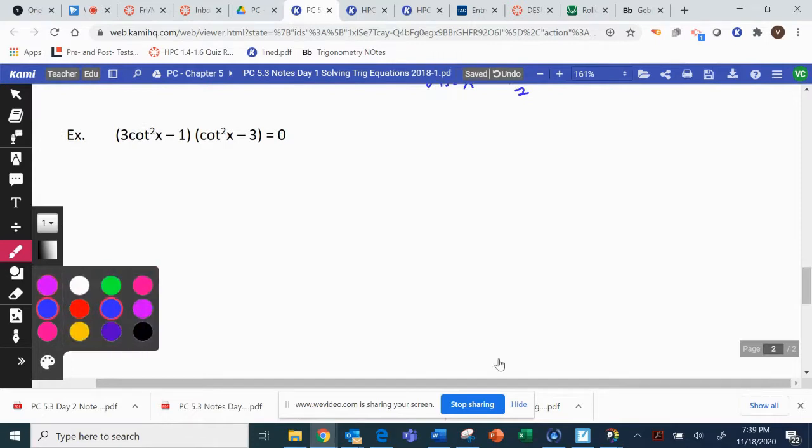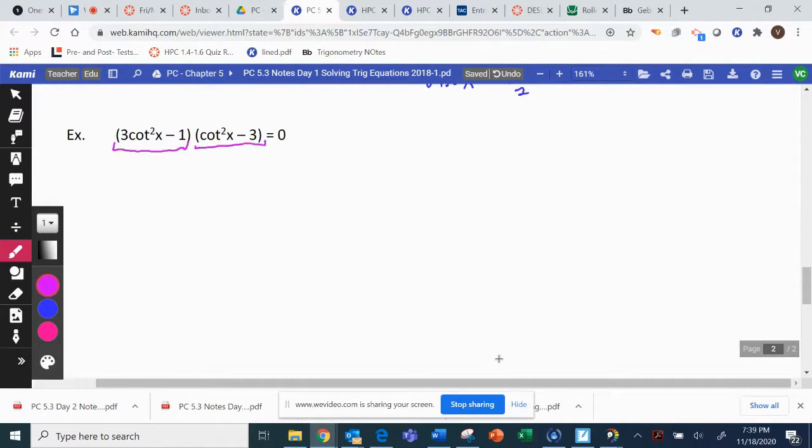All right, and then the last example, we have 2 factors equal to 0. So these 2 factors are being multiplied. They are equal to 0. So I can solve each individual factor by setting them equal to 0.